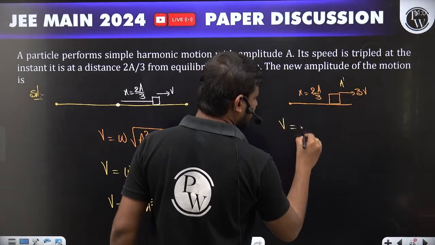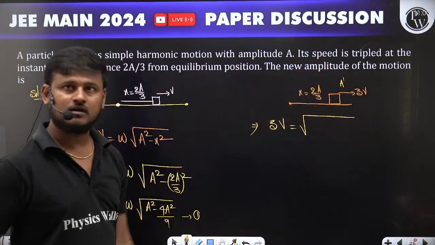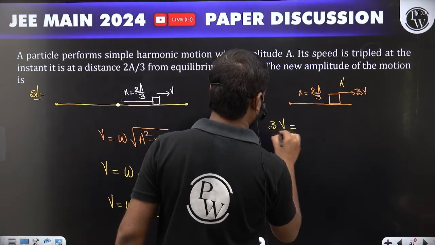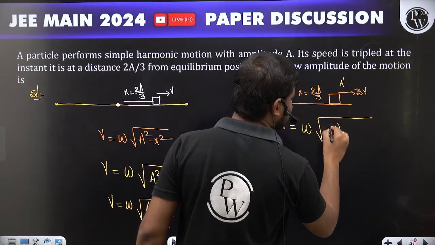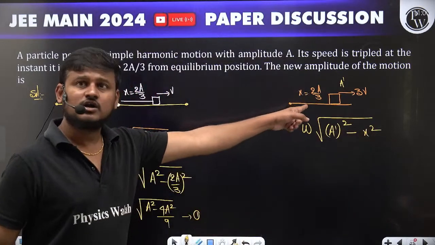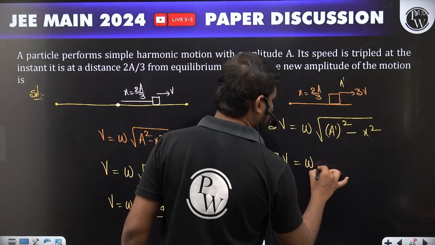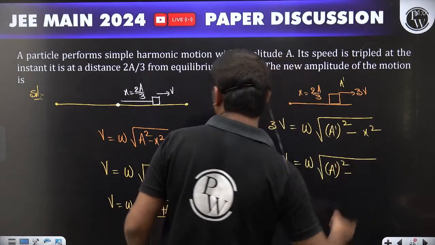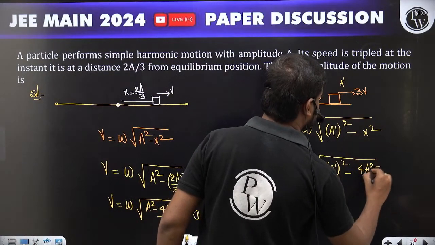Because it is tripled, 3v is equal to omega into square root of the new amplitude A dash square minus x square. Here x is 2A by 3, so x square is 4A square by 9.